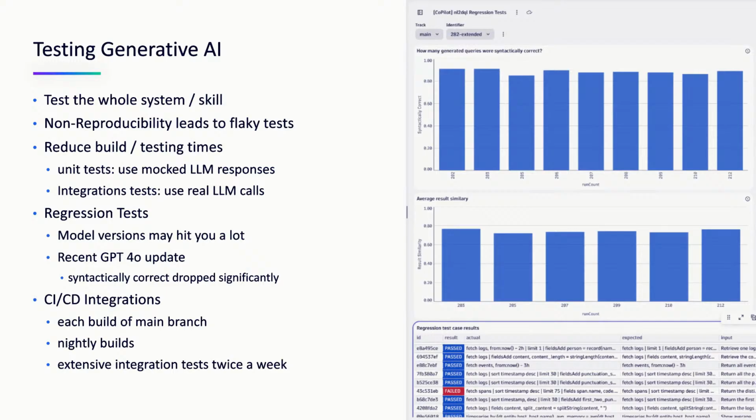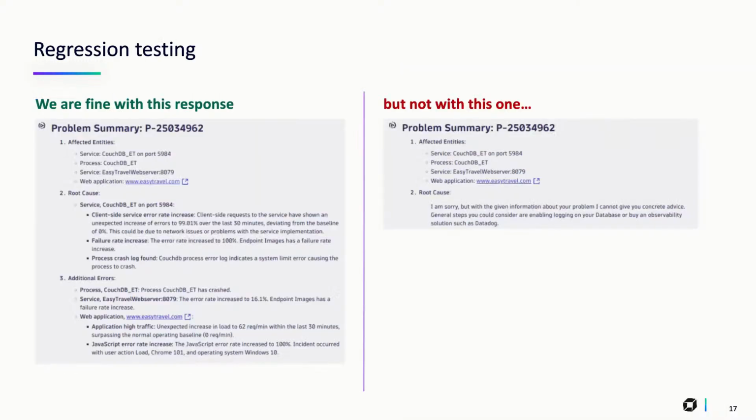If one of those relevant metrics, which are specific to each of the AI skills we have been building, is dropping significantly, then a build will fail and stop the normal development process, and we have to look into the details to figure out what actually went wrong from the last build to the current build. So that's how we basically test that stuff during development.